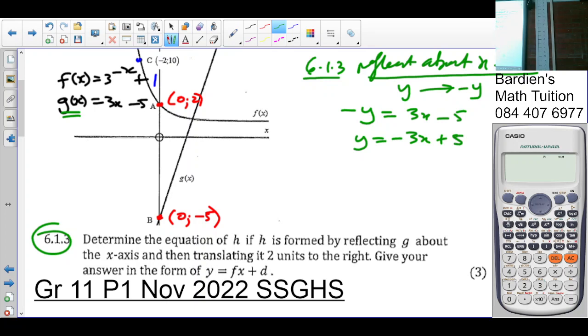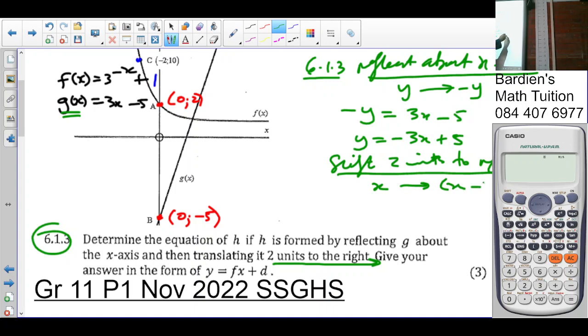Then we are told that it is translated 2 units to the right. When it moves 2 units to the right, we subtract 2 from the x. So x becomes x minus 2, the additive inverse.